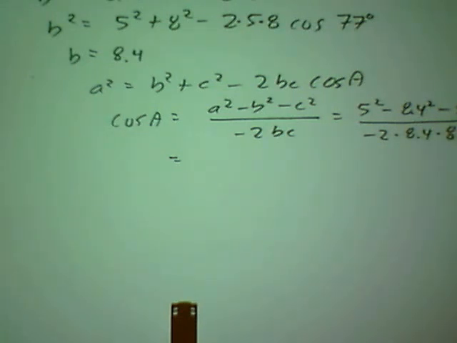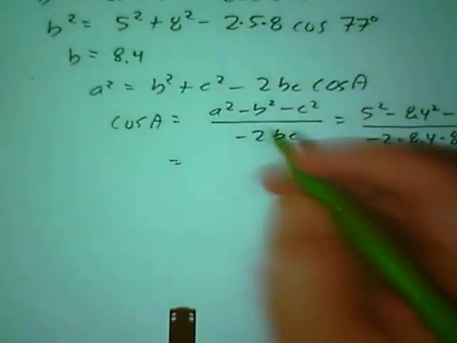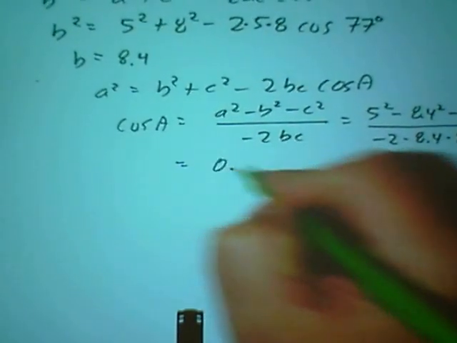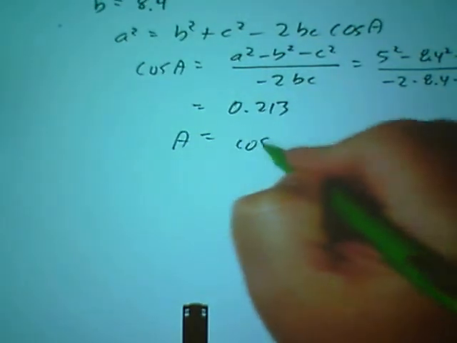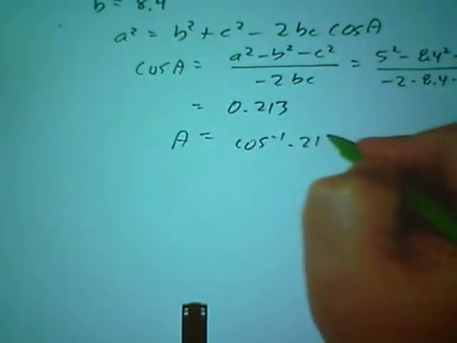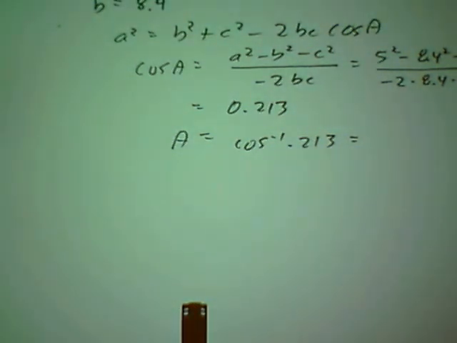So divided by 32 divided by 16. By the time you get done, it's actually a positive number, 0.213. So to get A, I need to take the inverse cosine of 0.213. See how that looks. 77.6.